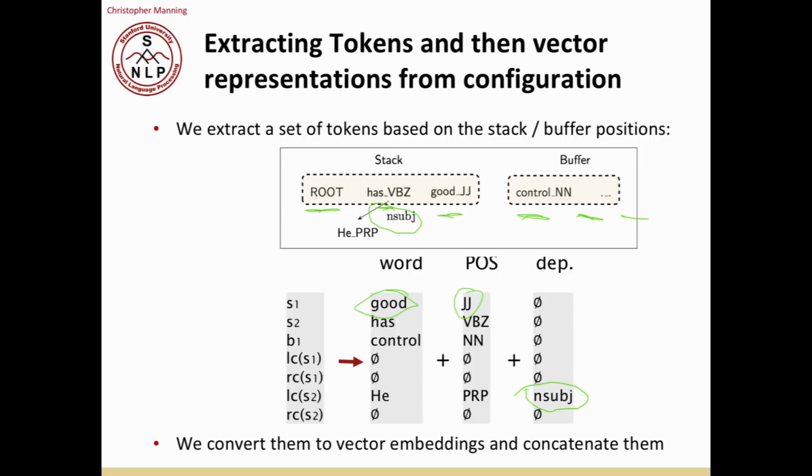And so we've got a triple for each position, and we're going to convert all of those into a distributed representation, which we are learning, and we're going to use those distributed representations to build our parser.